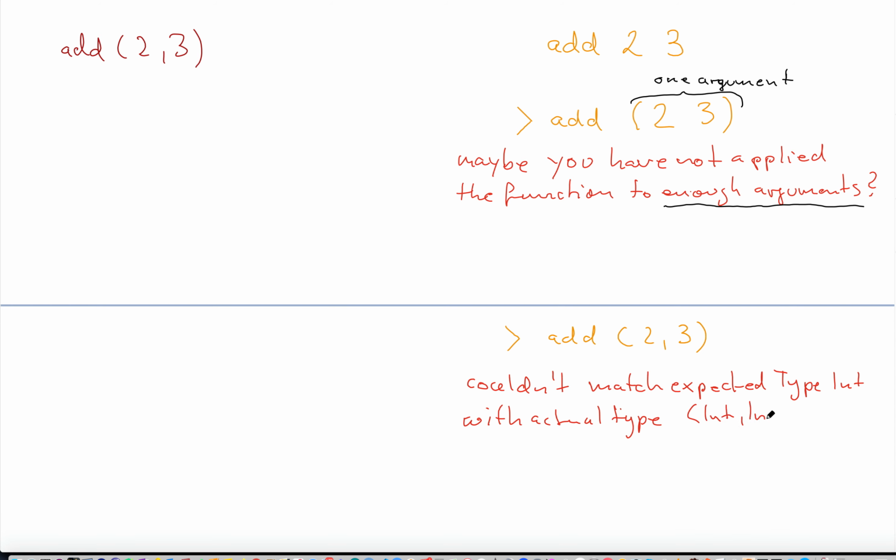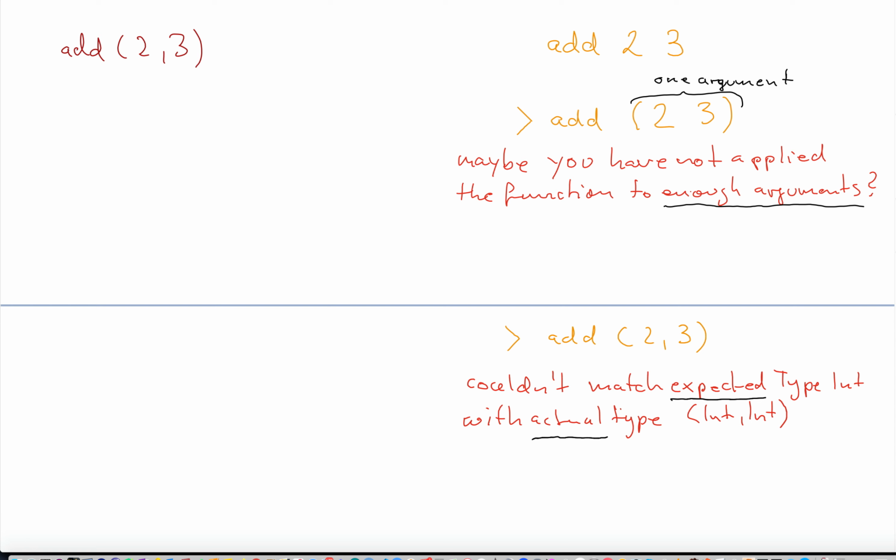So here at this point, actually, you should fire up your own Haskell console and run these experiments yourself. So what is this about? If you do some more Haskell programming, you will see a lot of these error messages about expected types and actual types.